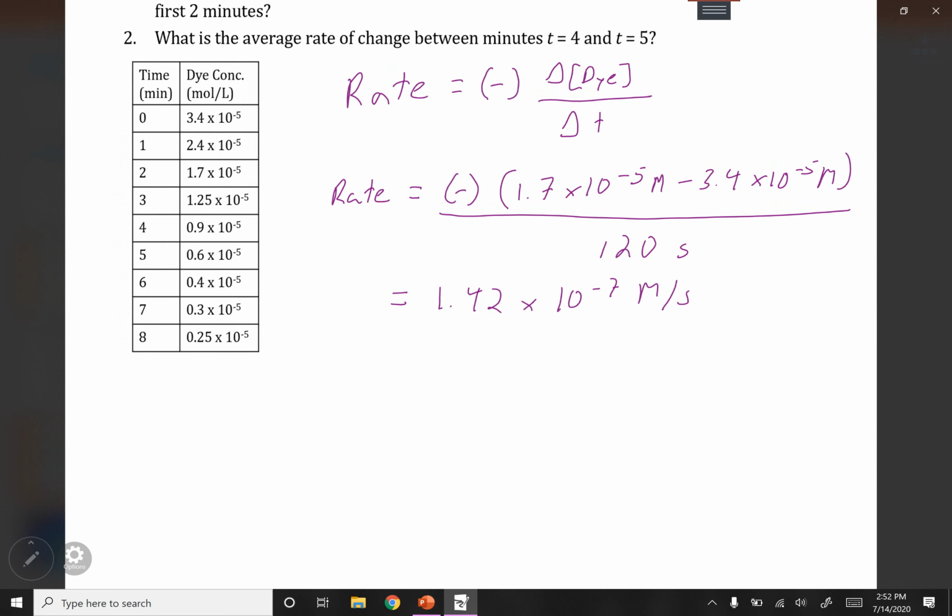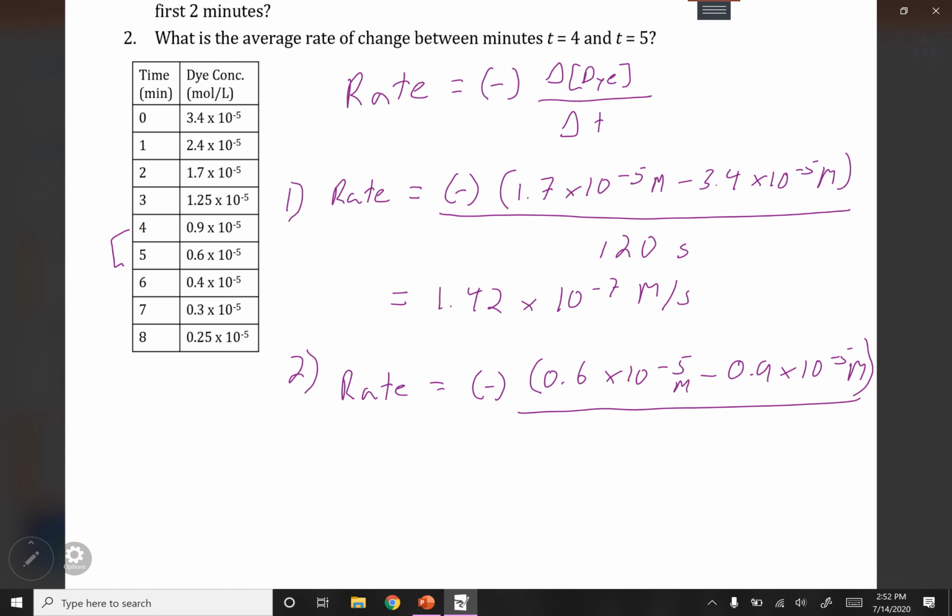Now the second question, so this was answer number 1. What about number 2? Now they ask us between minute 4 and minute 5. So that's here. Same thing, rate equal to minus, because we're still decomposing, and our final concentration will be 0.6 times 10 to the minus 5 minus 0.9 times 10 to the minus 5, and those are both in units of molarity.